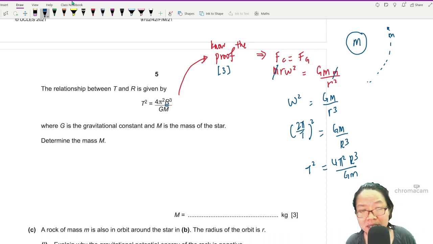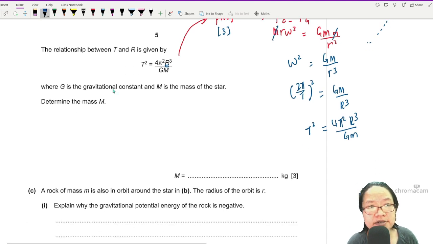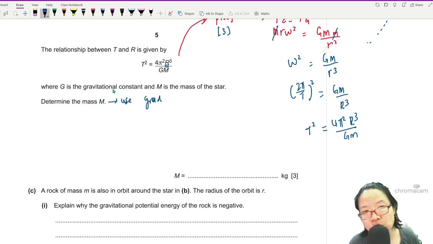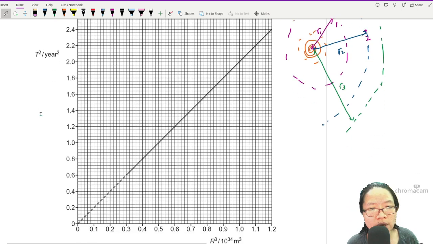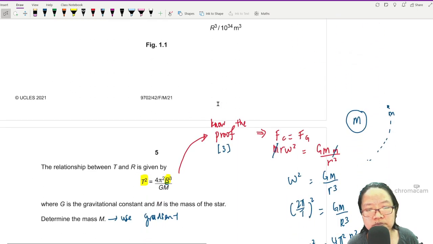Determine the mass M. When you are given a graph like this, try to use things like gradient or y-intercept, if possible. In this case, I plot a graph of T squared against R cubed.